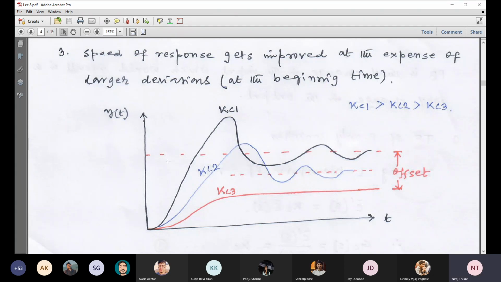So this red dotted line here, this is basically the set point. You write here YSP. Student, you write here Y suffix SP.